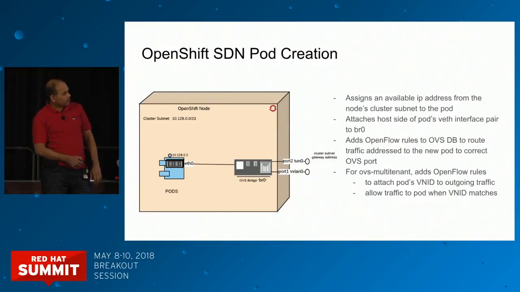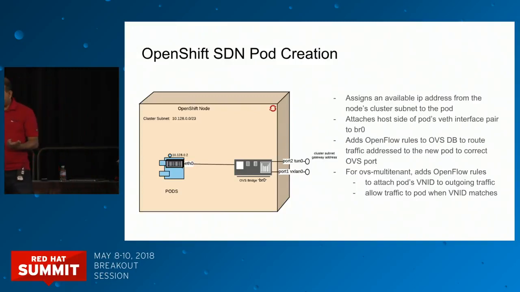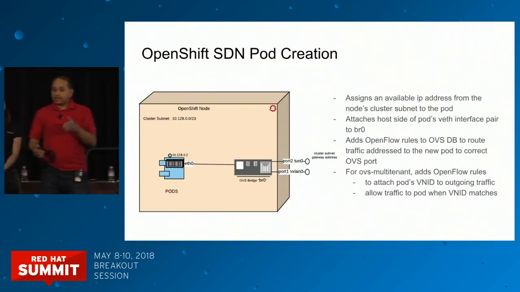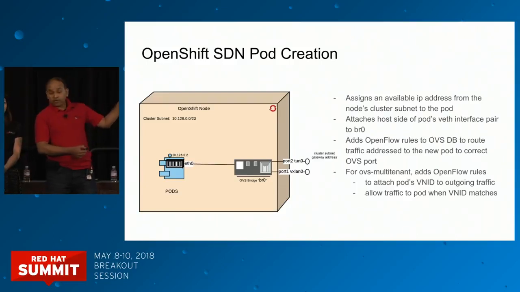And OpenFlow rules are created here so that if traffic comes in, what do I do with it, right? In case we are setting it up in that OVS multi-tenant mode, let's say, then the OpenFlow rules are created in such a way that if the traffic is coming with the same VNID, it is allowed, otherwise it's not allowed. Those configurations are taken care of, right?